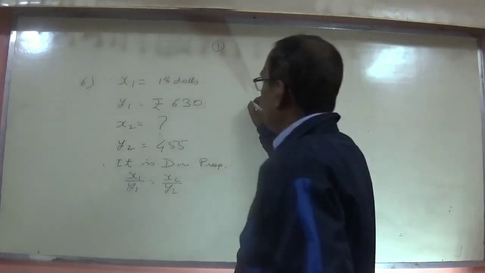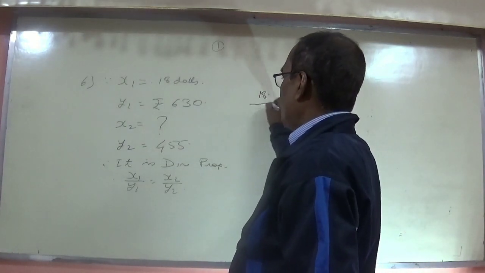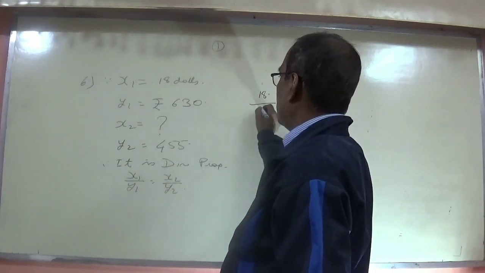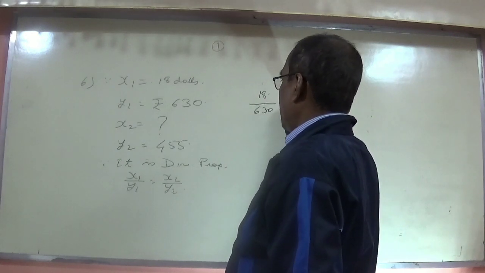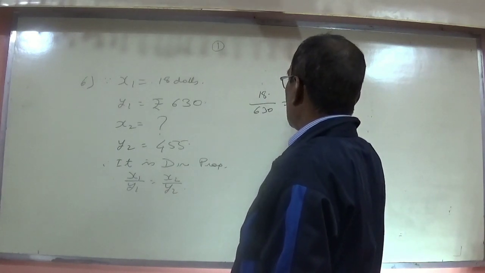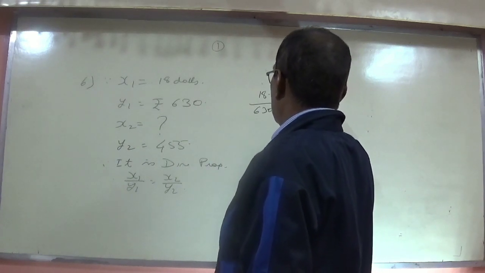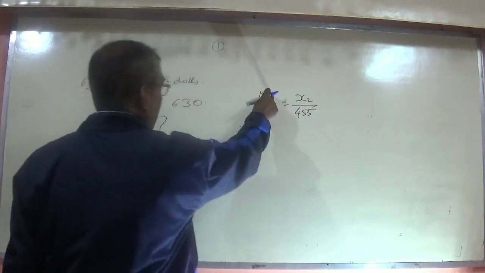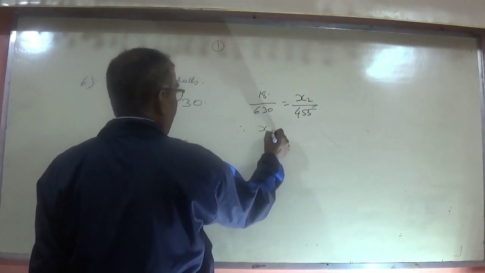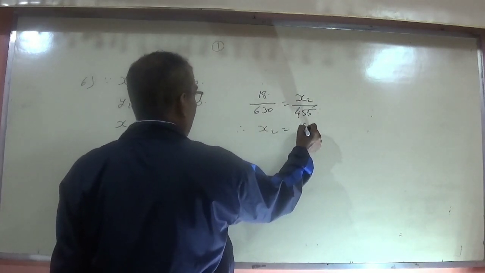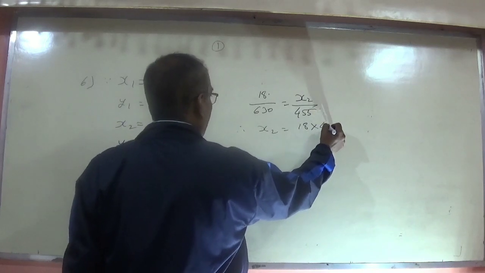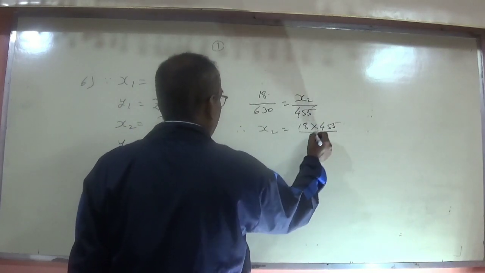Now put the values. x1 is 18, y1 is 630, and x2 we do not know, keep this as it is, and y2 is 455. So take the cross multiplication, 455 comes here, and x2 you will get directly. So 18 into 455 by 630.